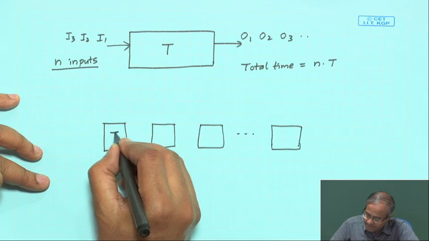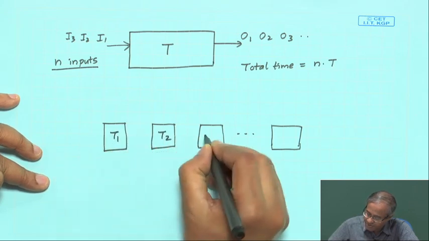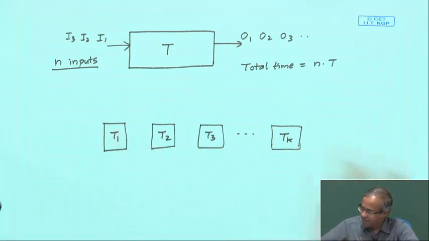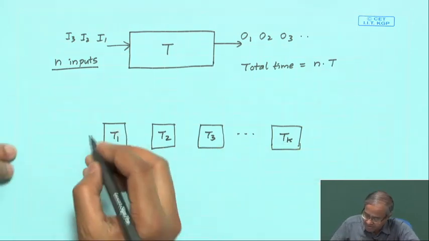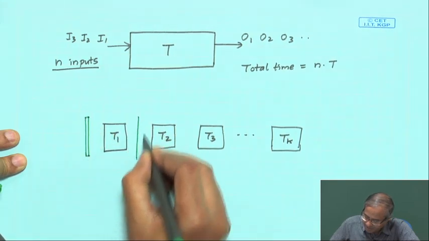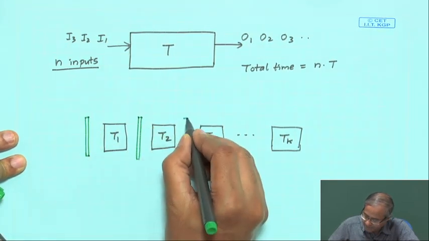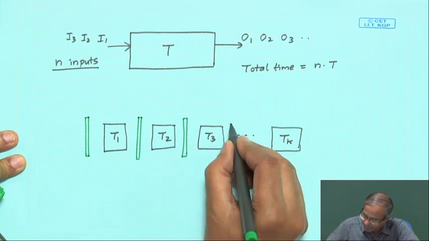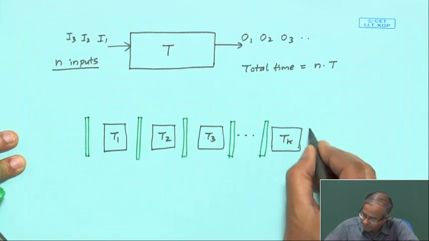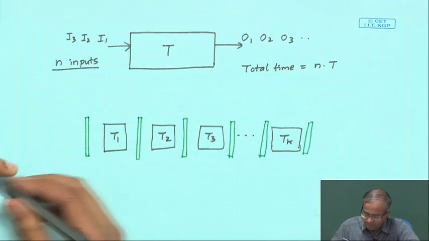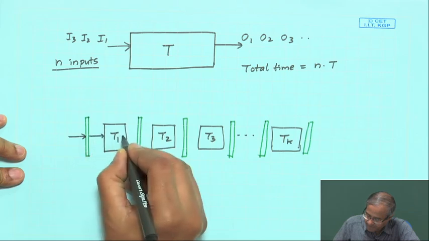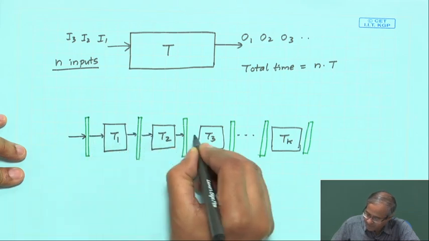Let us say there are k stages, and I am dividing into T1, T2, T3, up to Tk. For pipelining, of course, we will be needing some register stages in between, like this. Data will be fed at one end and they will go like this.